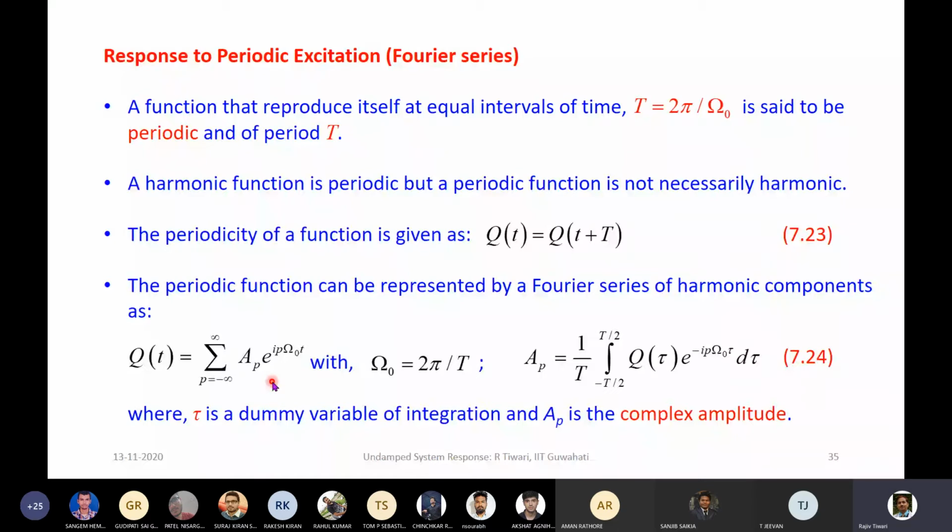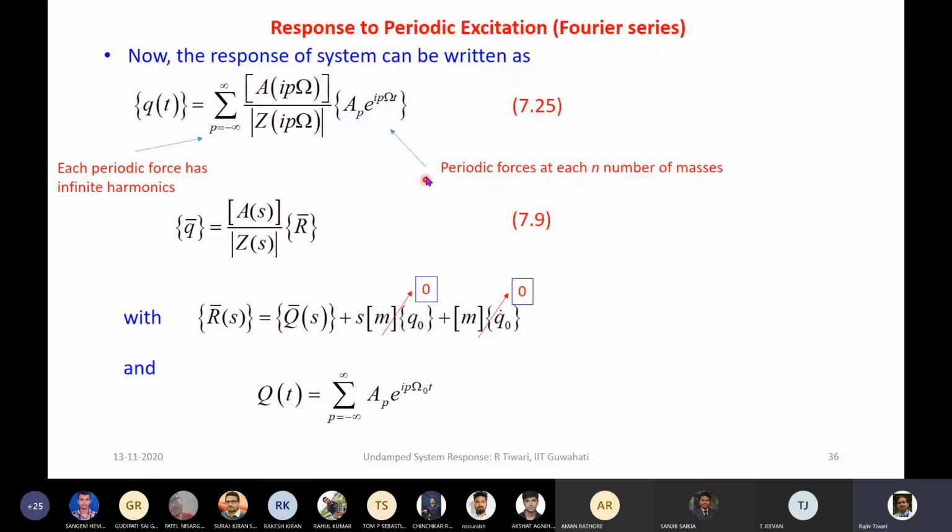So we'll have so many excitations at different masses. If we come back here, you can see that at each station we'll have n number of forces, and each force will have so many harmonics in it.